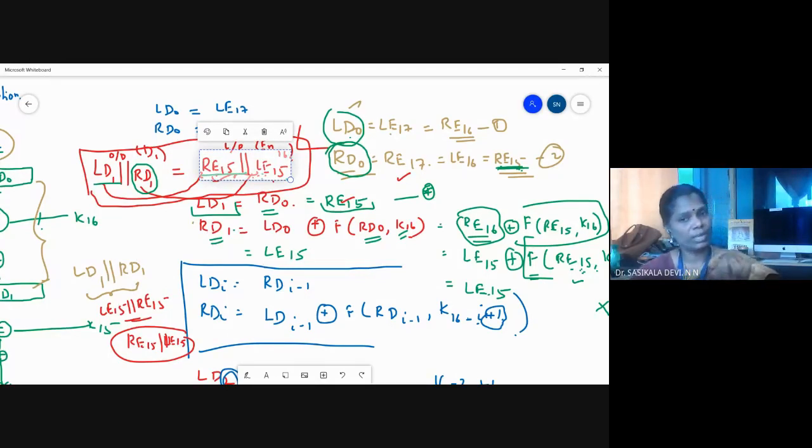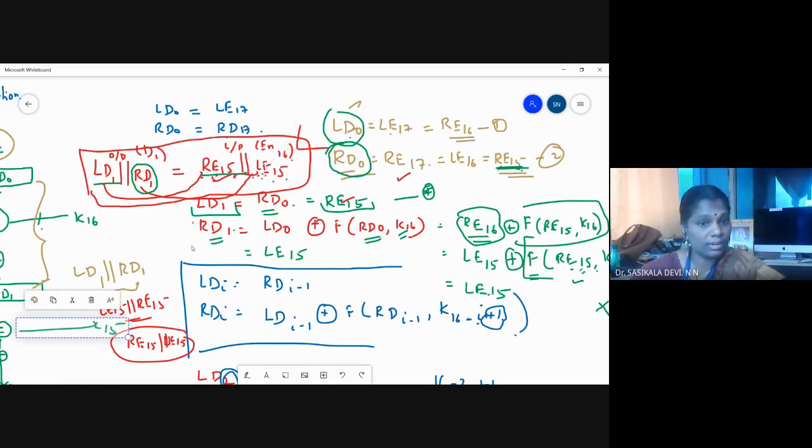So every round is used to undo the effect of the previous one. Further, you can proceed. LD1 padded with RD1 is LD2 padded with RD2. This is for homework, try it out.